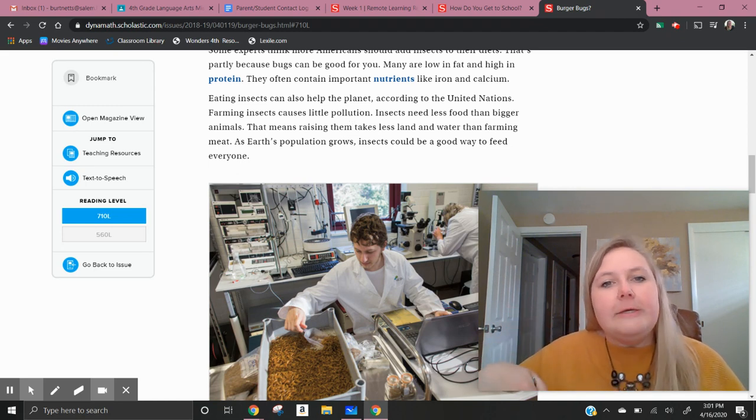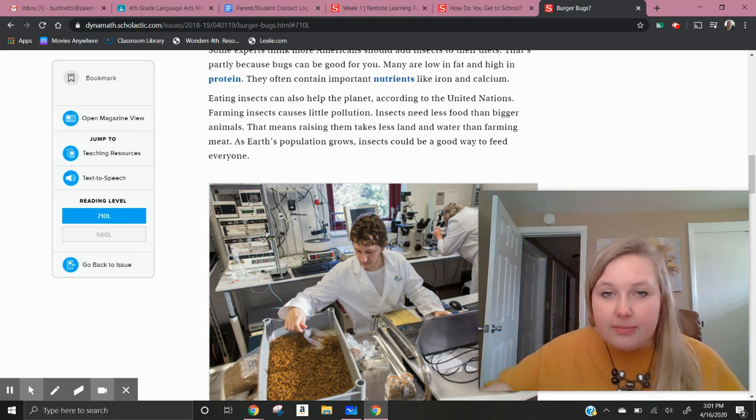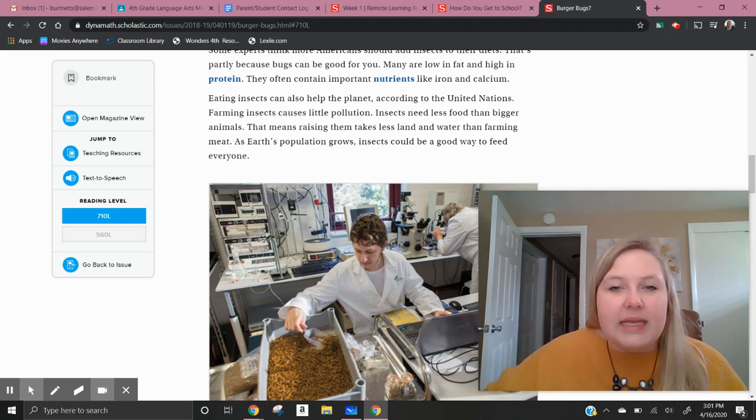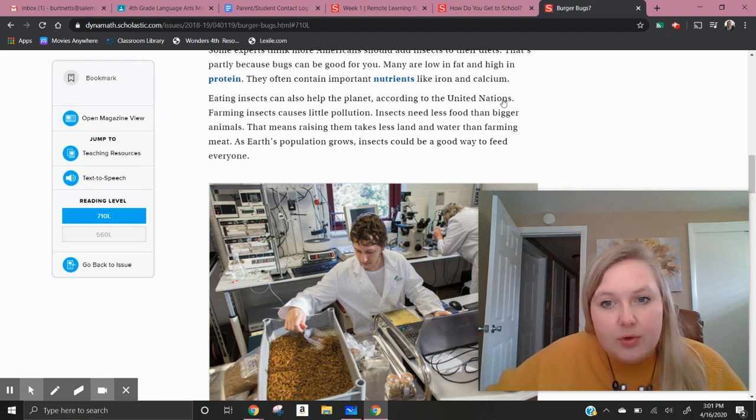They would have to raise them from babies before they would be ready for us to eat. While raising them, insects obviously need less food than bigger animals, probably not as much space, so less land and water than farming meat.